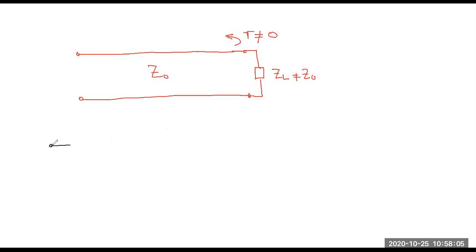So let me draw the first possibility. In the first case, we will connect stubs in shunt configuration.